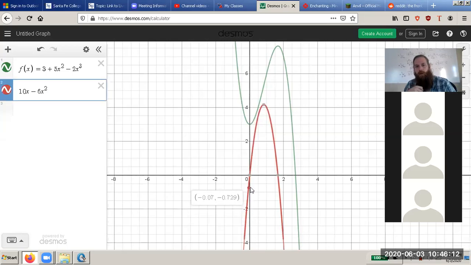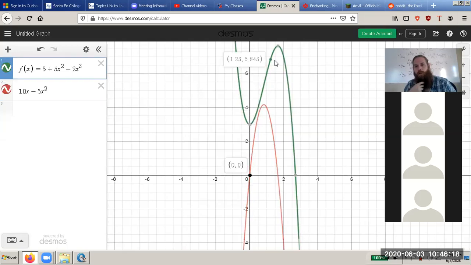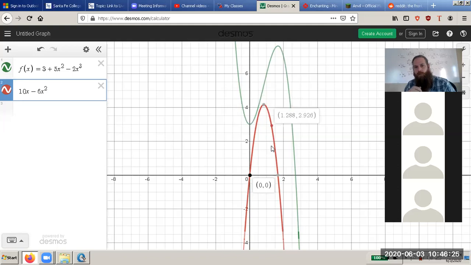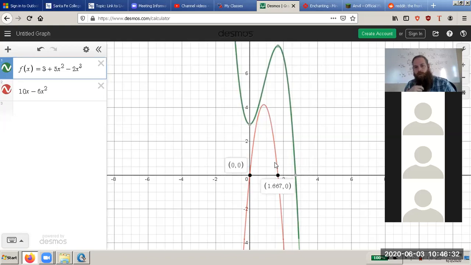Well, over here, from negative infinity to 0, the red graph is negative. And then between these two hills, or between that valley and that hill, the red graph is positive. And then right here, where the green graph goes from being increasing to decreasing, the red graph goes back to being negative.